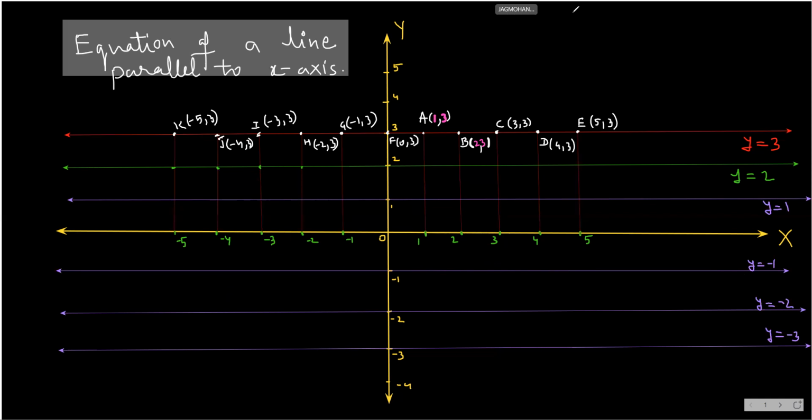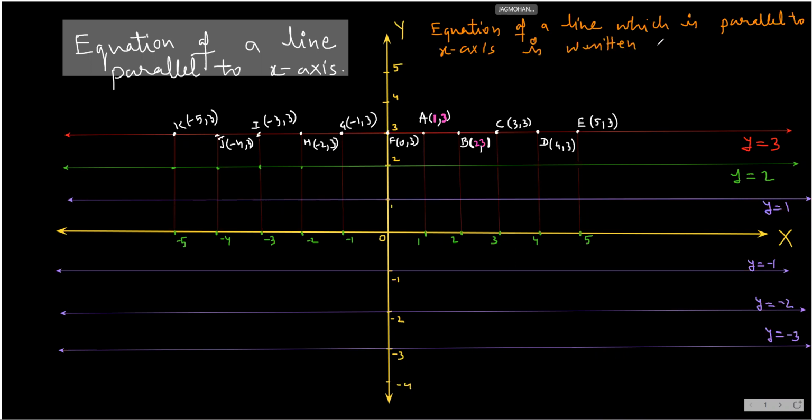The equation of a line which is parallel to the x-axis is written in the form y equals k, where k is a real number.